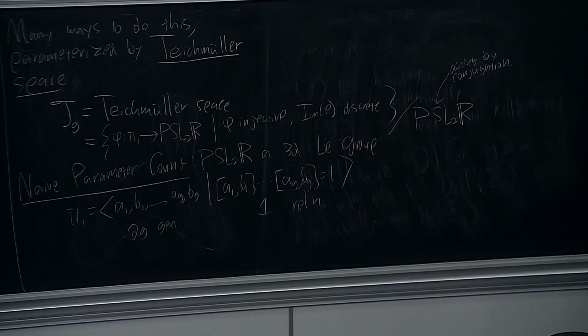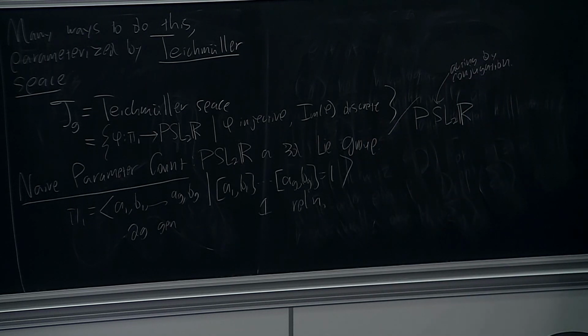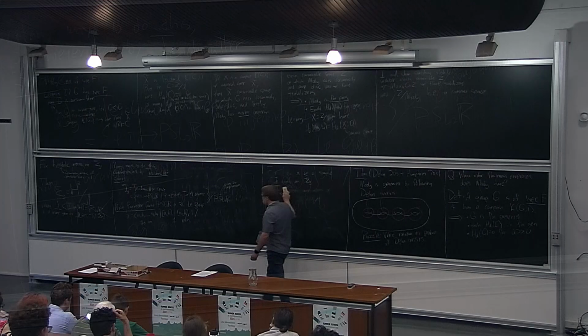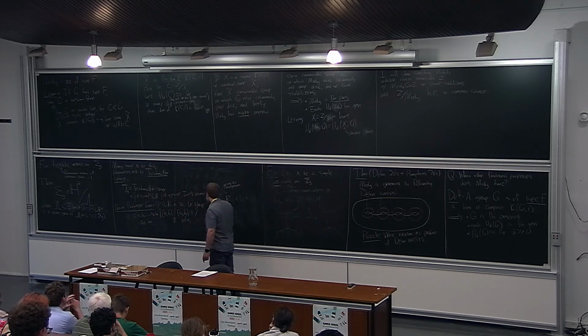And so therefore, what do you have to do? You have to choose, ignoring this thing about injectivity and discreteness and so on, a matrix for each of these 2G generators, satisfying that relation, and then you have to quotient out by PSL2R, right?